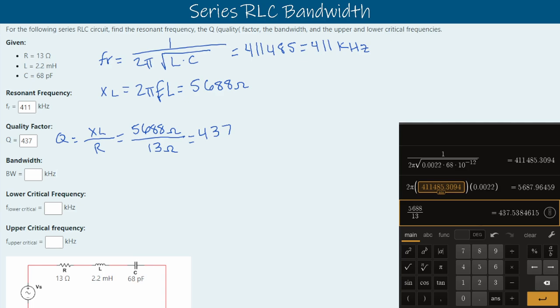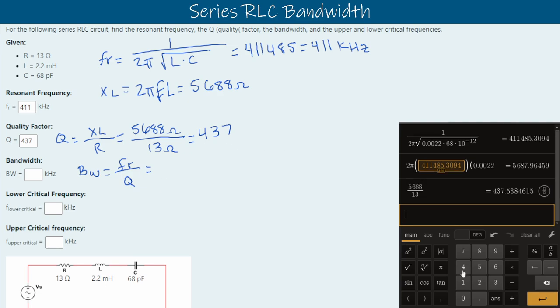Our bandwidth in kilohertz is going to directly depend on our Q factor and our resonance frequency. And so we'll write that in. So our bandwidth, BW, equal to our resonance frequency, FR, divided by our Q factor, which we just got. So now we can plug both of those numbers in.